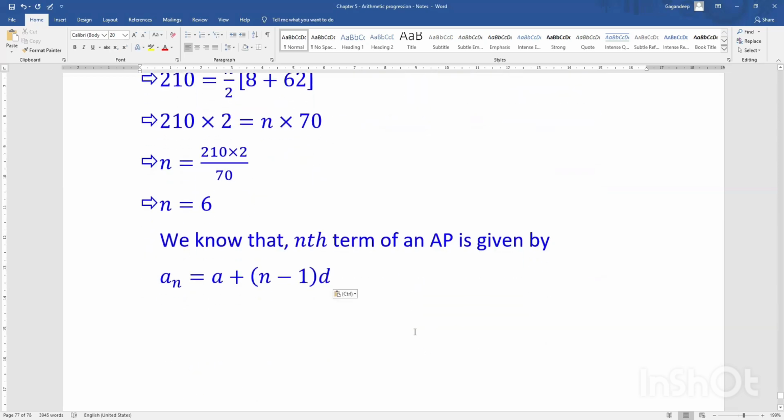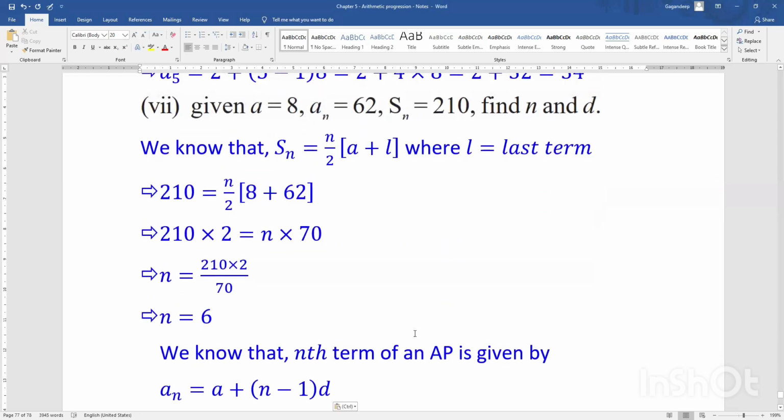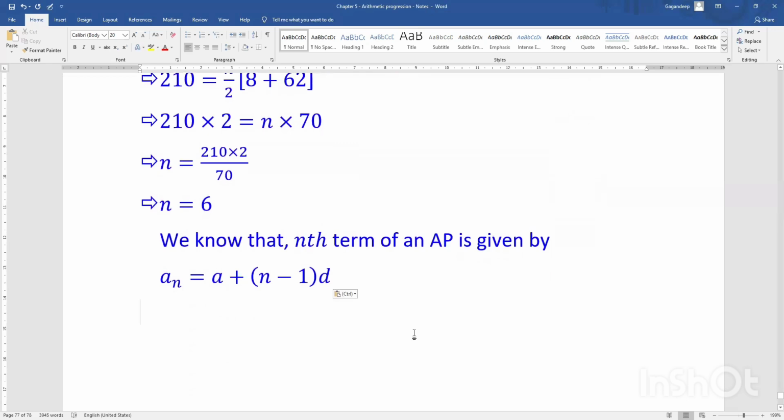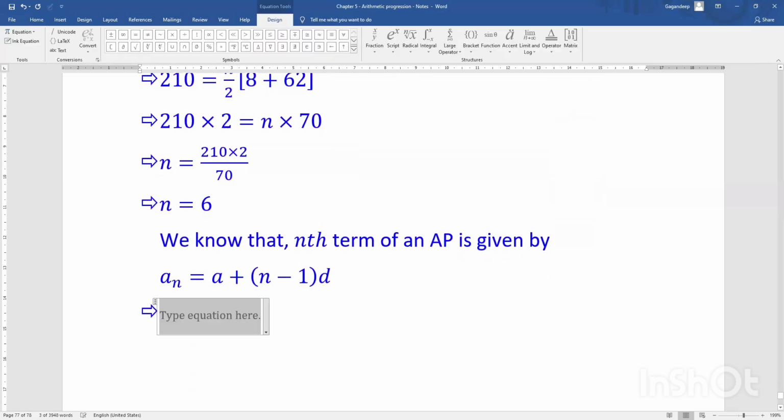And next, I'm going to take an as 62. Okay, 62 equals a value, a is 8, plus n is 6, 6 minus 1 into d. d we need to find out.